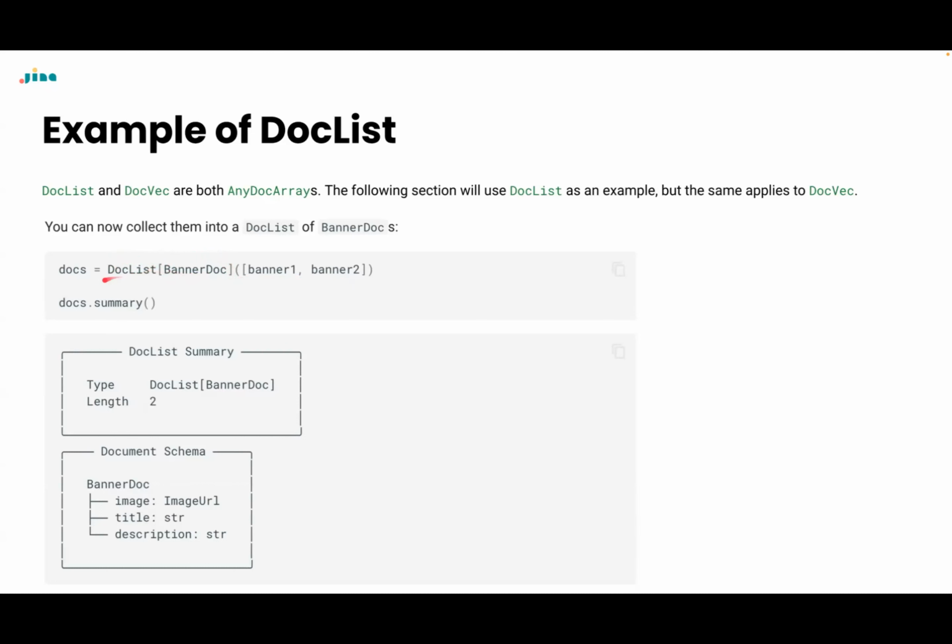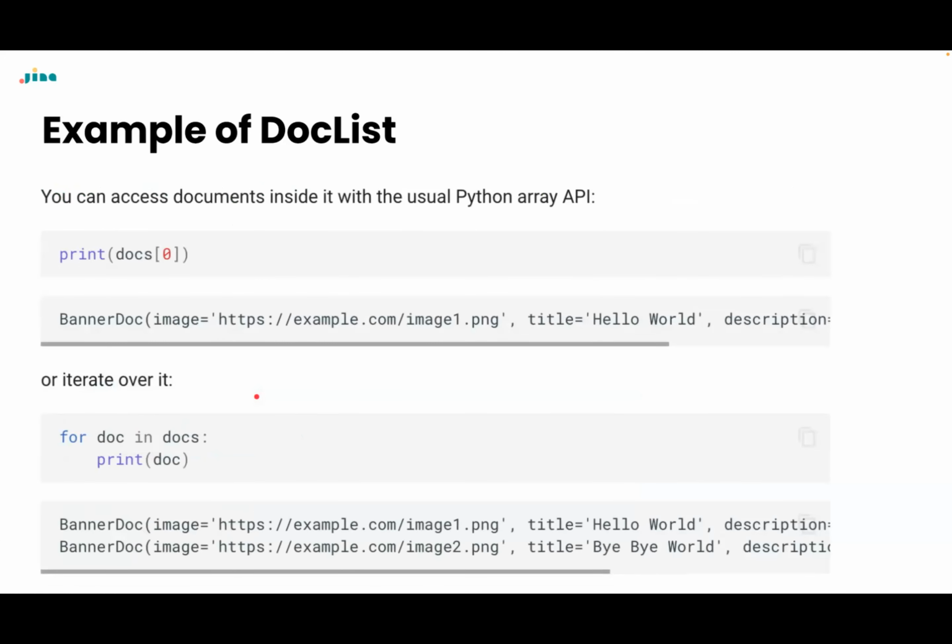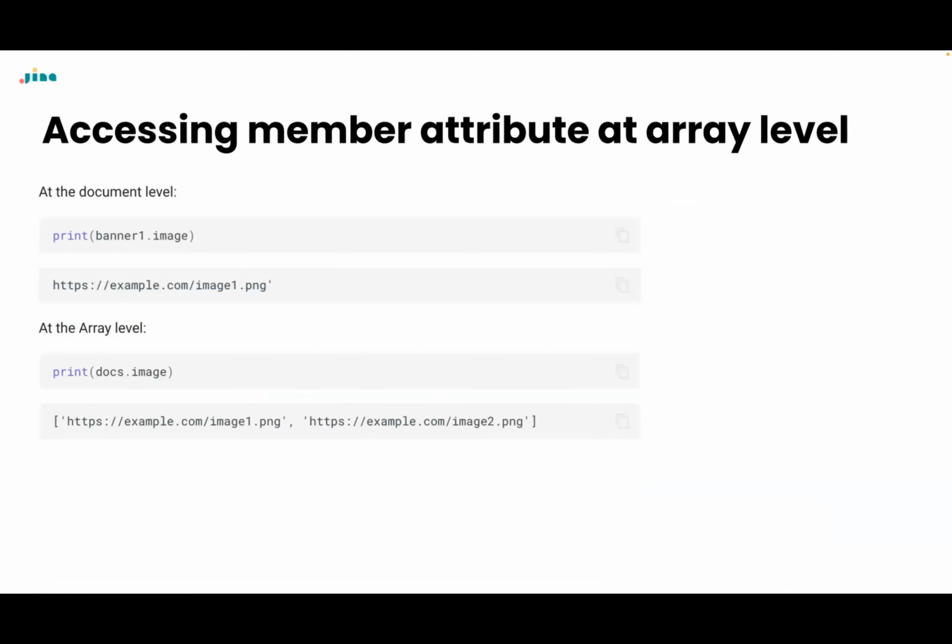By writing something like this, you define a homogeneous DocList, which can only contain data types such as banner doc. So you can put banner 1, banner 2 inside the list and convert it into a DocList. If you print it out, it will give you a summary showing how the schema of the document looks and how many elements are inside the DocList. Of course, you can do element index access and also iterate over a DocList as you would over a Python list.